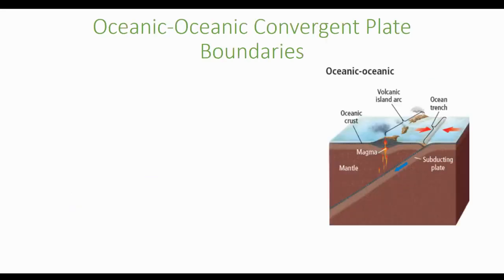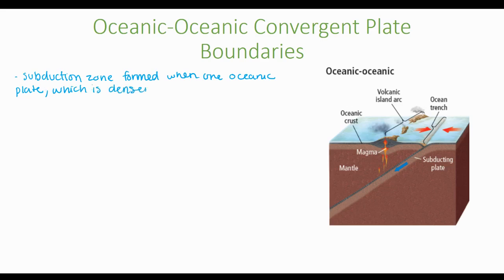At an oceanic convergent plate boundary, a subduction zone forms when one oceanic plate, which is denser as a result of cooling, descends below another.